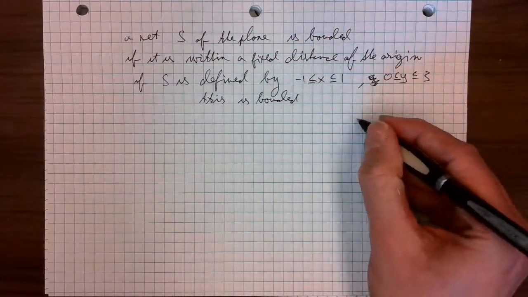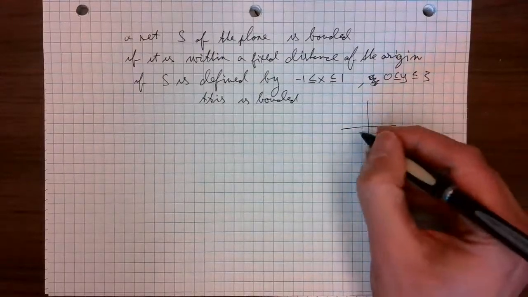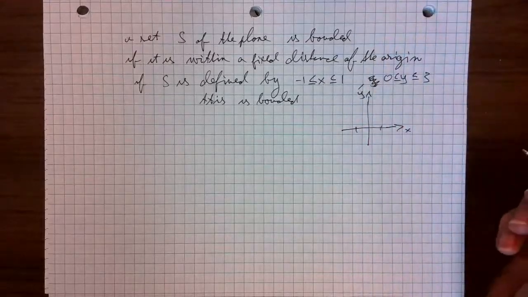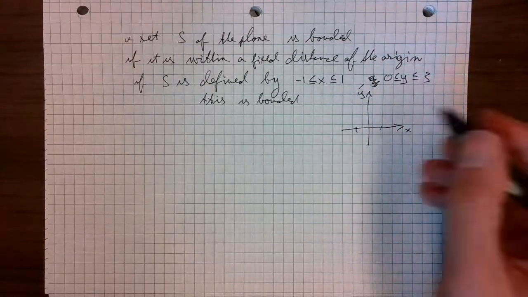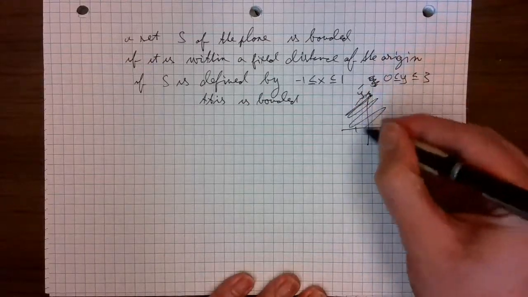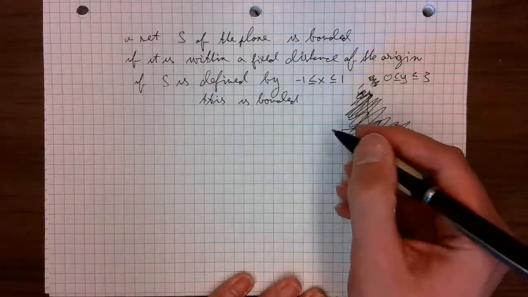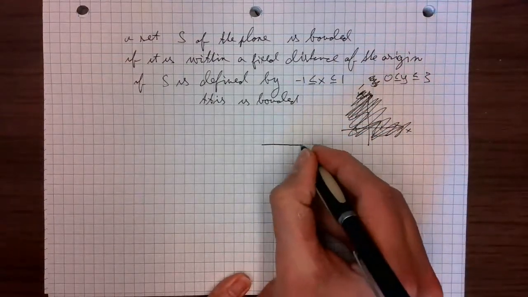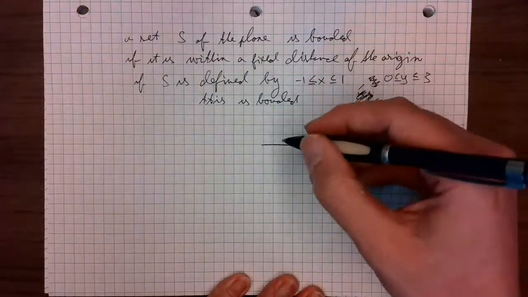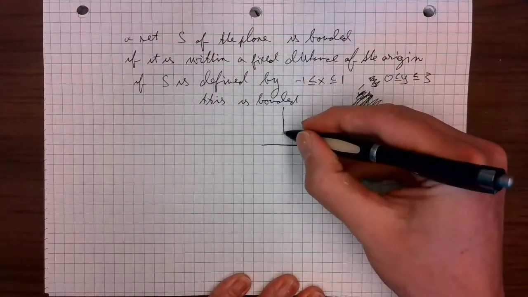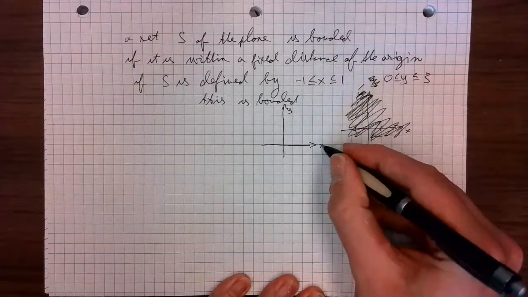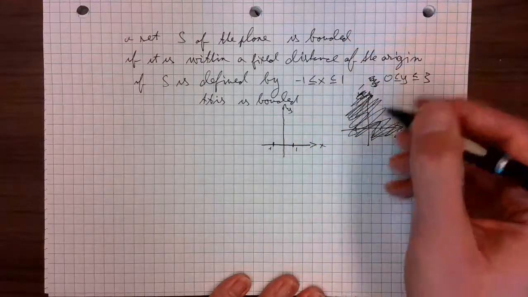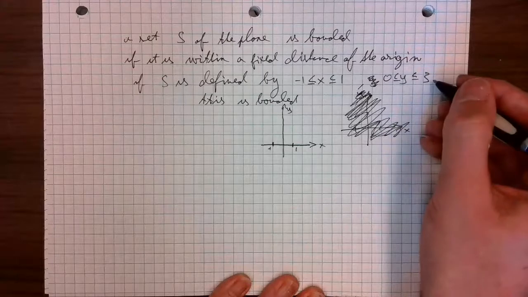Why? Well, if we draw x and y, suppose this is y, this is x, and we have x between -1 and 1, and y between 0 and 3.